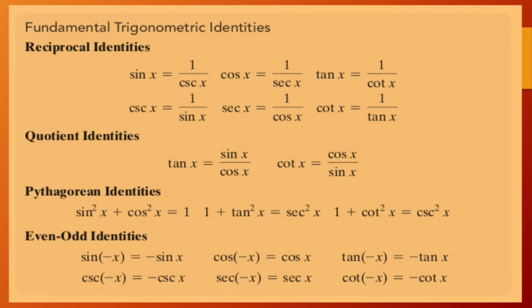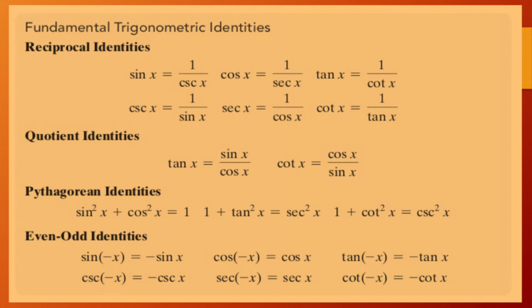And for our even-odd identities, this is rare when we are going to solve for the derivative of a trigonometric function. But of course, I want to introduce this to you as well. Sine of negative x is equal to negative sine x, and cosecant of negative x is equal to negative cosecant x.